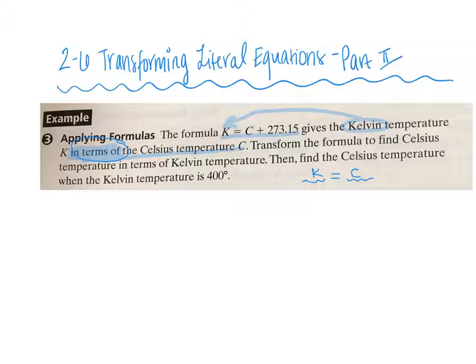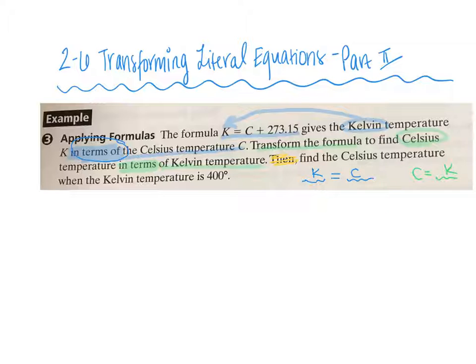Now let's look at what it's asking me to do. It wants me to transform the formula to find the Celsius temperature in terms of, there's that phrase again, the Kelvin temperature. All right, what's different here? Then, thens are important.